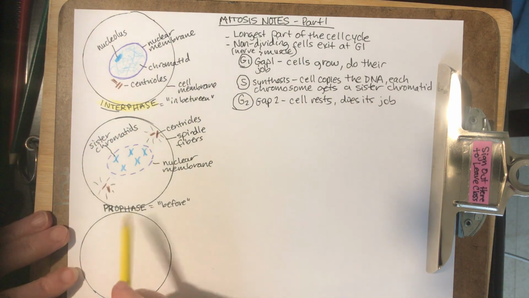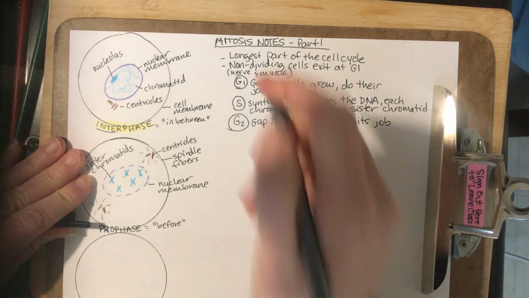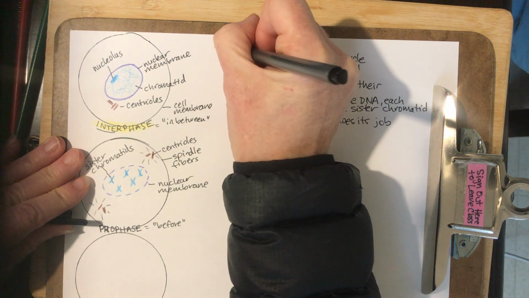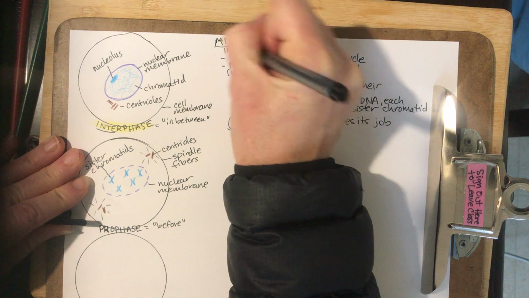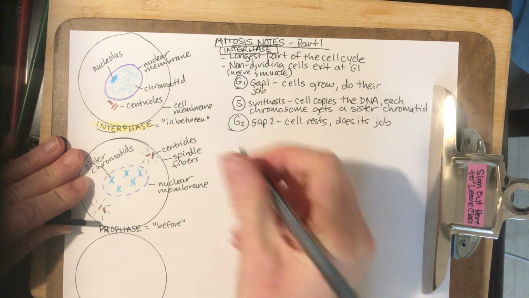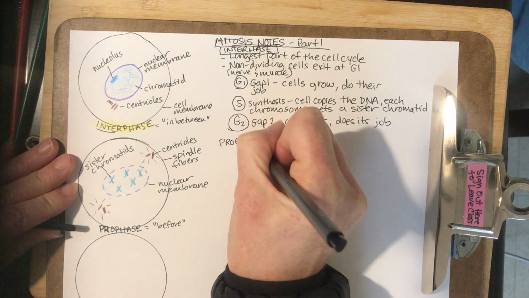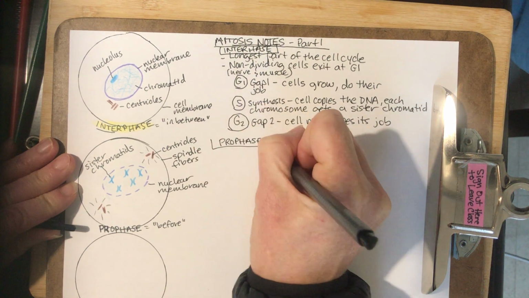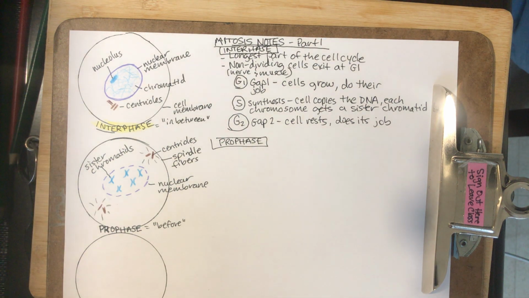So let's highlight this one also. Let's label this at the top as well right here. Interphase. Just to make sure it's clear. And I'll do the same thing right here. So we're going to label this one prophase. Put a little box around it. So all these notes are going to be about prophase.